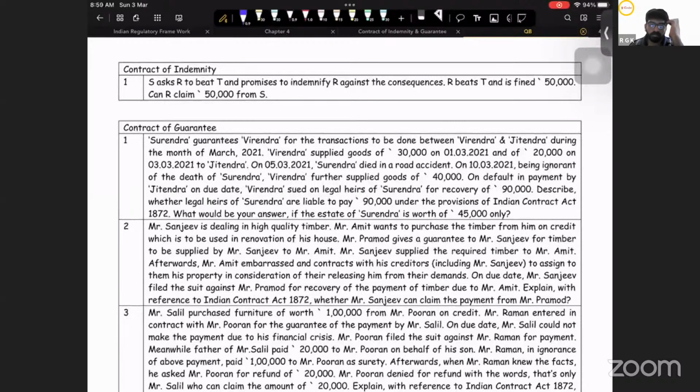So, contract of indemnity, we have a question here. First question, contract of indemnity.